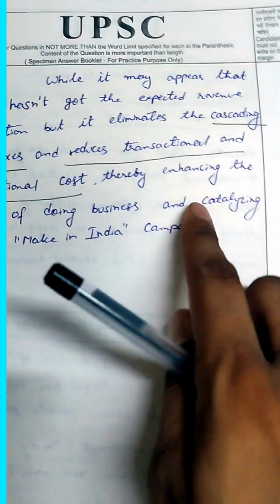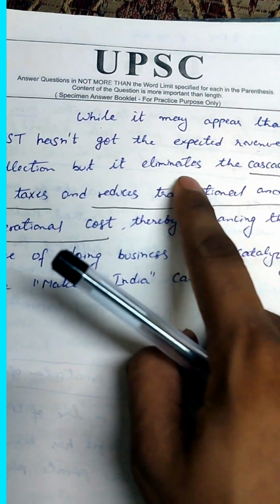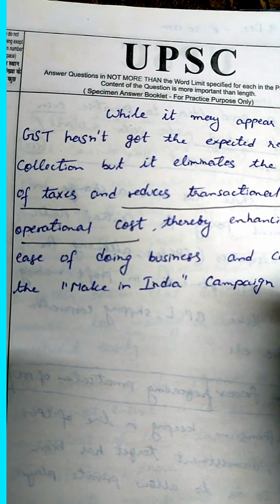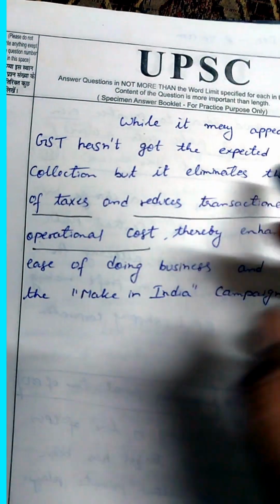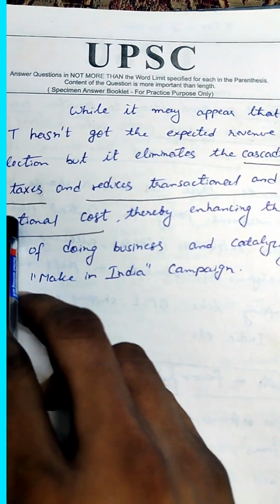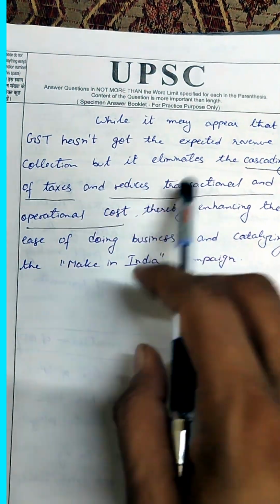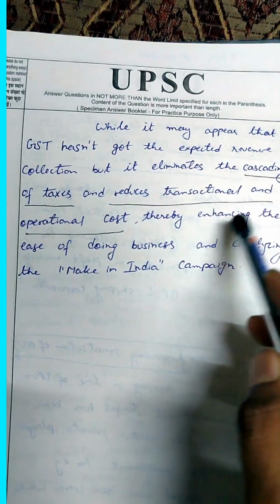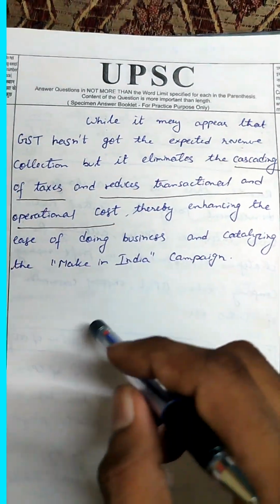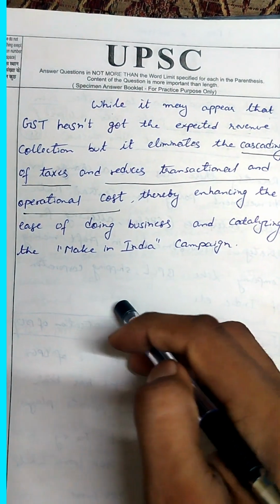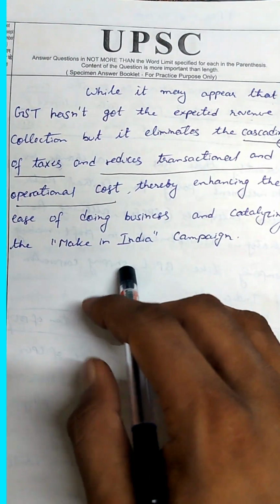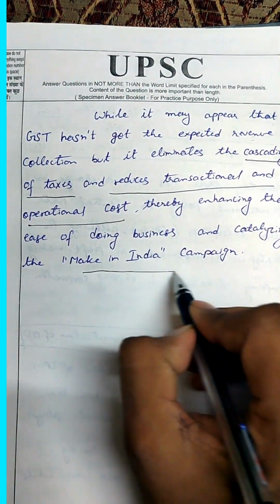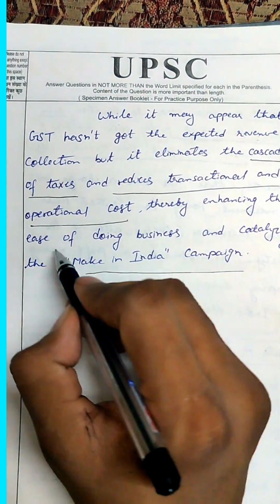The same thing is written here: cascading of taxes, in your conclusion part, and reduces transaction and operation cost. Connect it with things like thereby enhancing the ease of doing business. As we know, ease of doing business is increasing in India, and this is one of the main reasons, catalyzing the Make in India campaign.